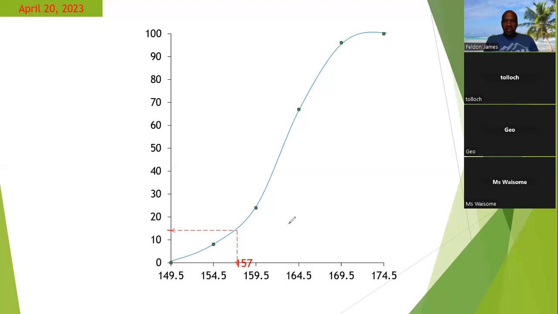Now, would you say that the number of men with height less than 157, would you say that that would be 15? No, sir, since we start at 157 points, so 157 would be included in that, I'm assuming.